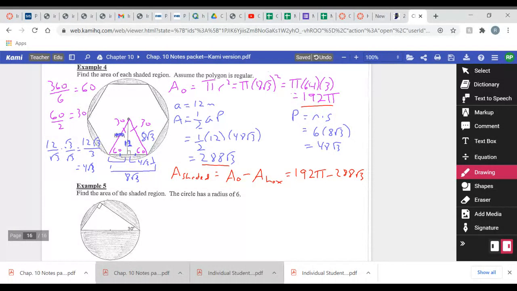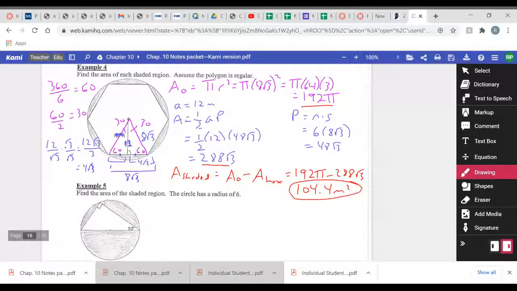And if I go and subtract those two, again, be careful plugging it in your calculator. If you don't want to use a lot of parentheses, I did 192 pi button equals minus 288 square root of 3. And I got 104.4 meters squared.